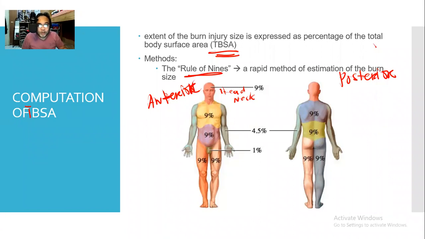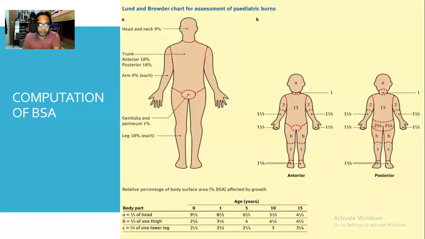Kung na-compute ninyo 91, nakalimutan ninyo, this is another 4.5 and this is another 4.5. So this is just an approximation plus estimation lang talaga, the estimation of the burn size. That does not necessarily mean kung 9%, 9% talaga yun. That is just an estimation. Okay, so that is the rule of nines.